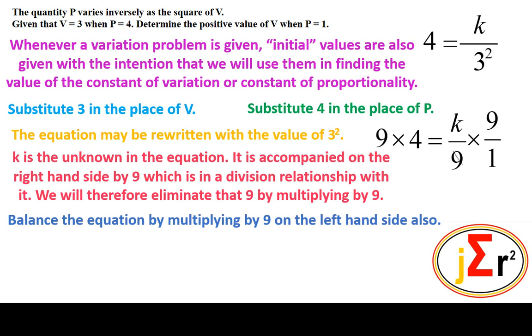What will happen? The simplification process takes care of the 9. We will cancel those 9s, and on the left hand side we have 9 times 4, which is 36. On the right hand side, we have K alone, because K divided by 1 is K.